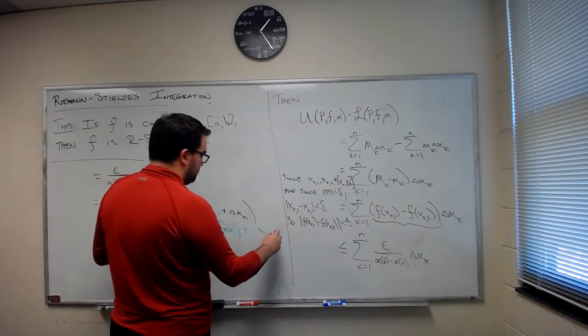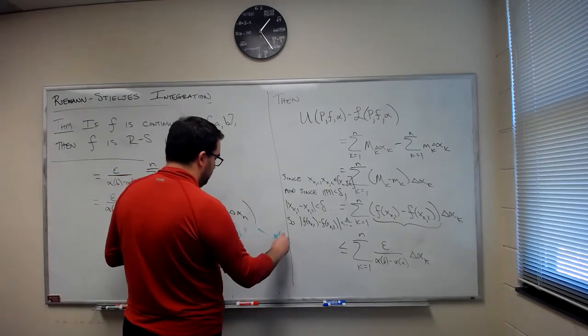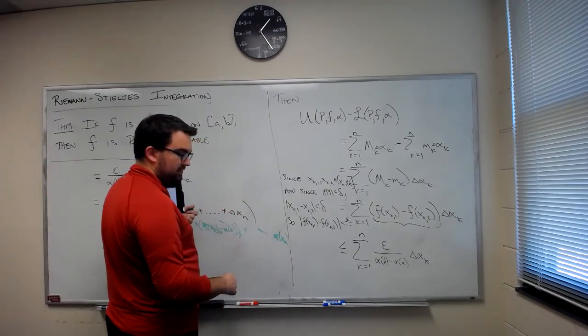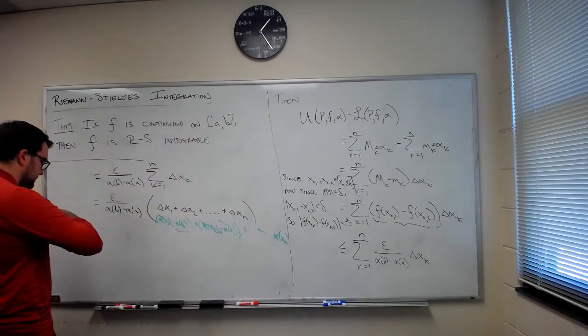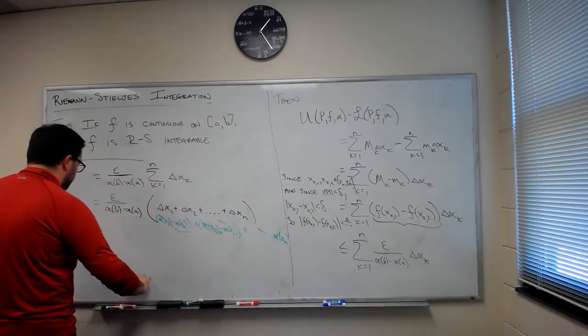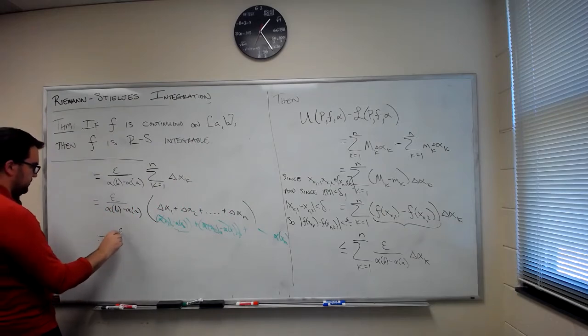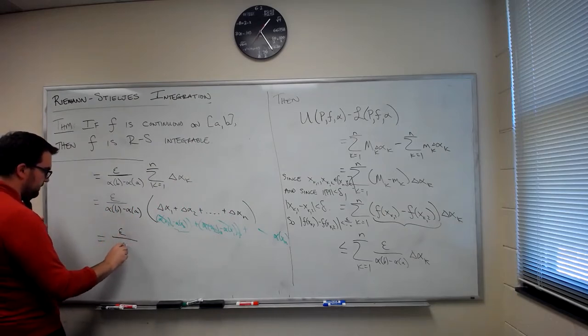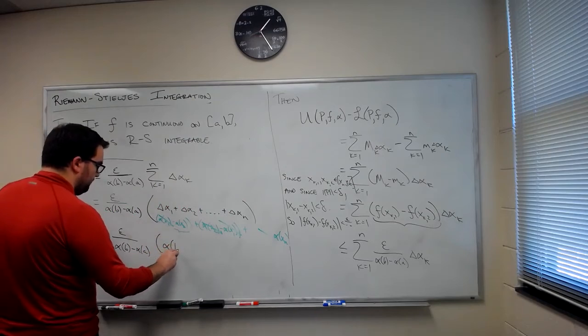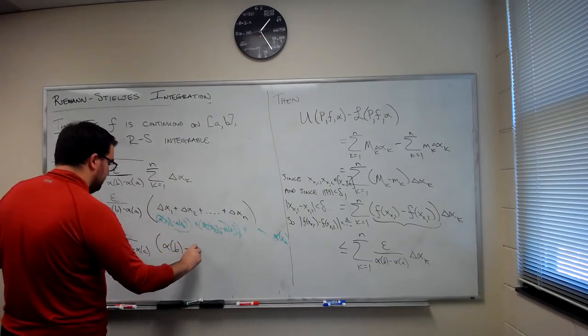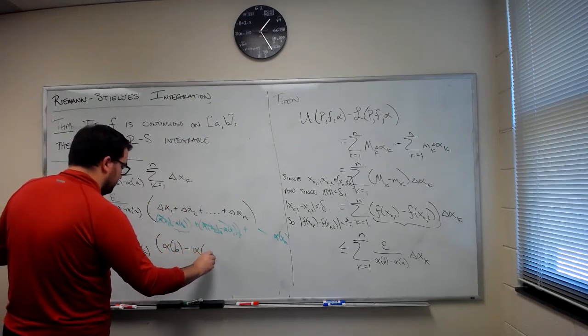In the very last term, you would have an alpha of xn that wouldn't get canceled with anything. Okay. So you would end up with this sum telescoping to alpha of xn, which is just b, minus alpha of x0, which is just a.